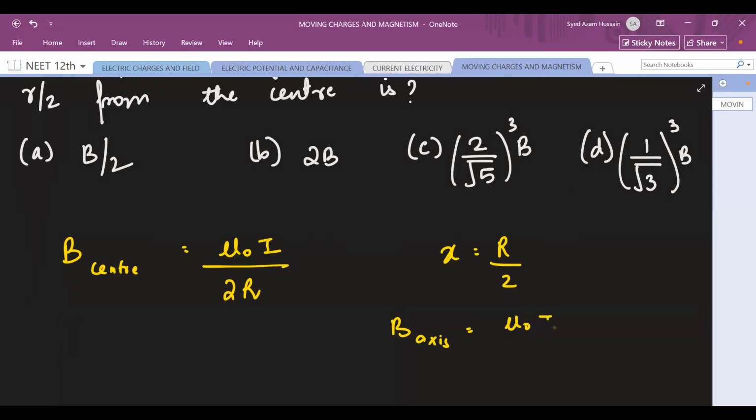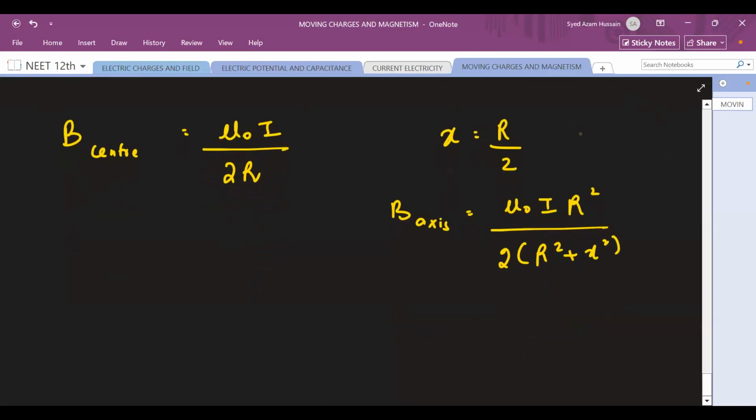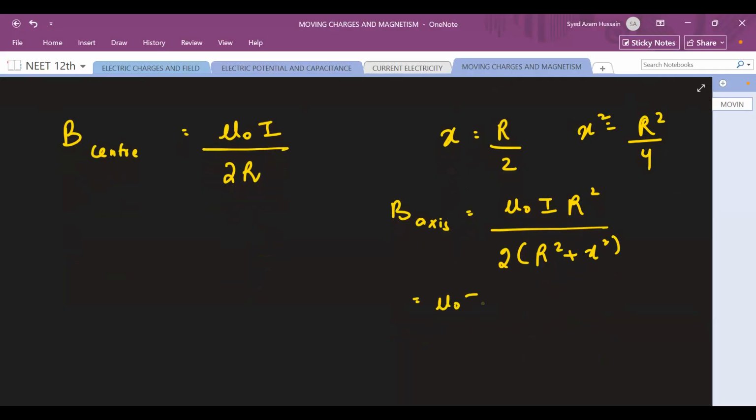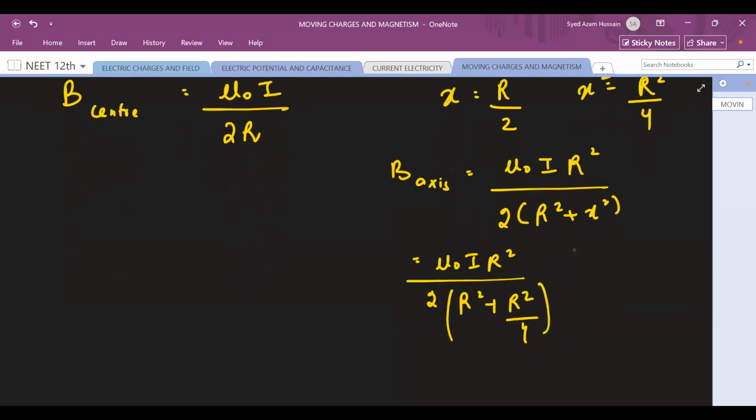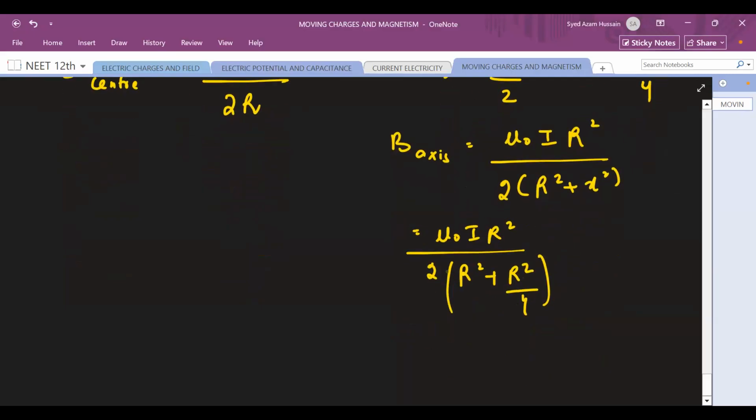It is mu naught I r square divided by 2 times r square plus x square. So in place of this, if x is r by 2, x square would be equal to r square by 4. Now this will be mu naught I r square by 2 times r square plus r square by 4, because this is x square. Now when you put in the value, 4r square plus r square, that is 5r square by 4.